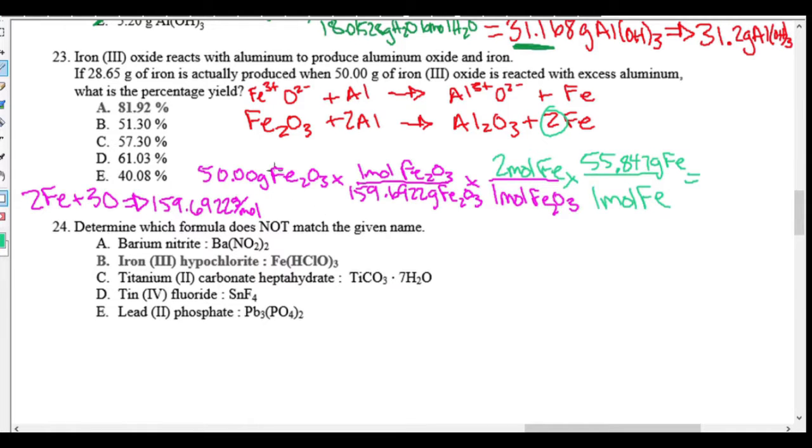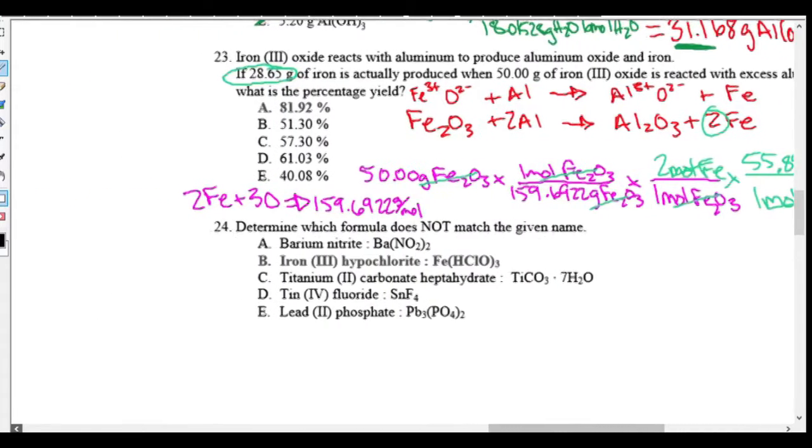When you do the math, unit canceling, cancel, cancel, you get 34.97165 grams of Fe. They're saying that we actually got this mass. So, we didn't do so well, I don't think. Oh, no, we did pretty well.